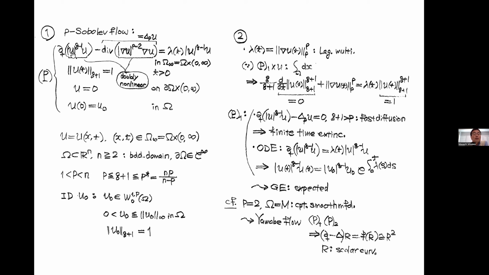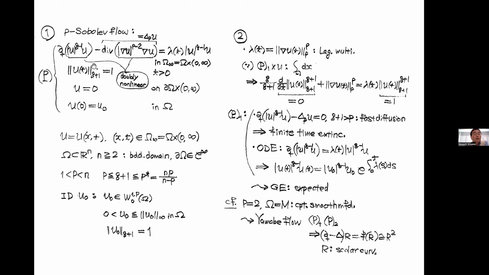So the left-hand side is constructed by combining the porous medium operator and the P-Laplace operator. In this sense, we call the left-hand side a double nonlinear parabolic type operator. So the equation in the first line is called the double nonlinear parabolic type equation.